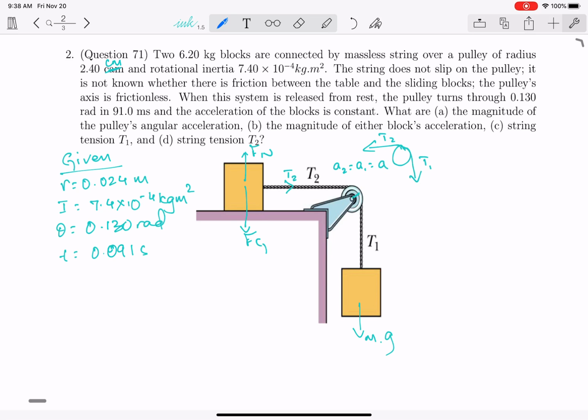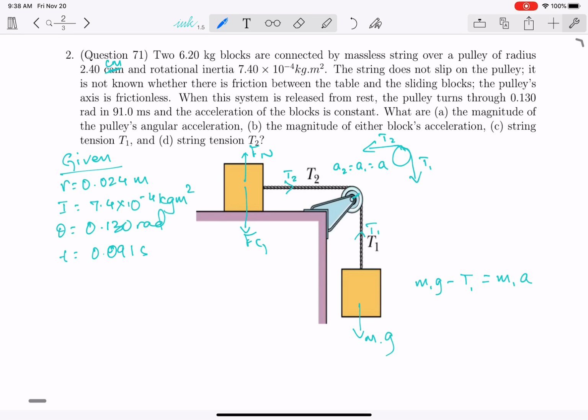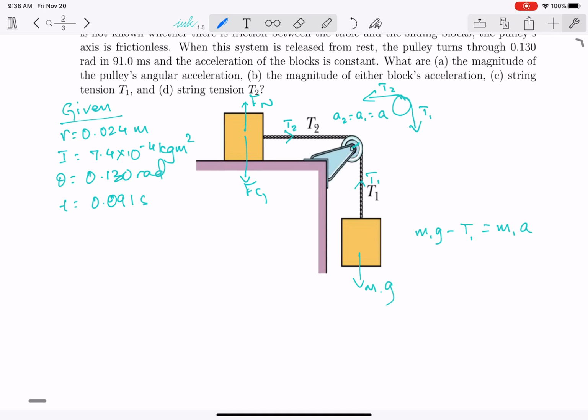For this block, it is M1 g minus T1 equals M1 A. And for this block here, that will be T2 minus friction, sorry, there's friction.